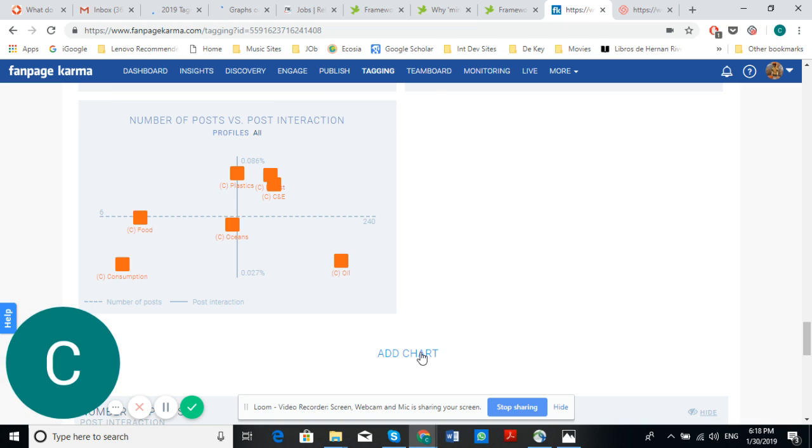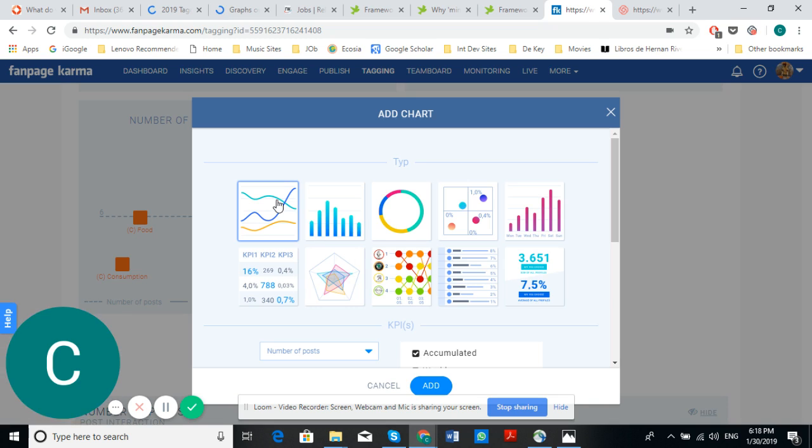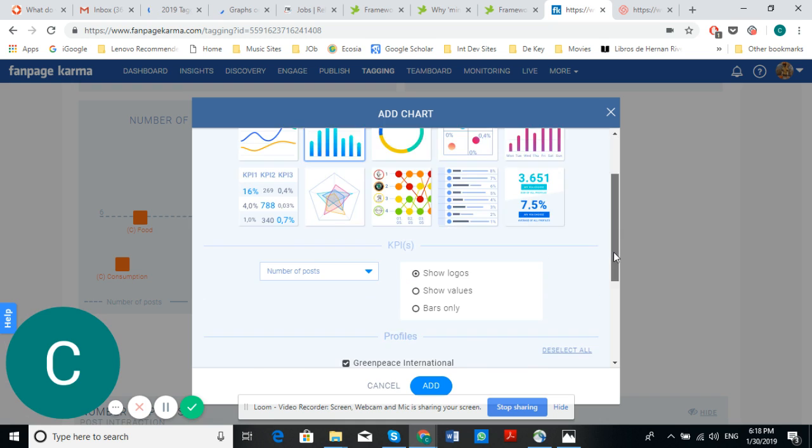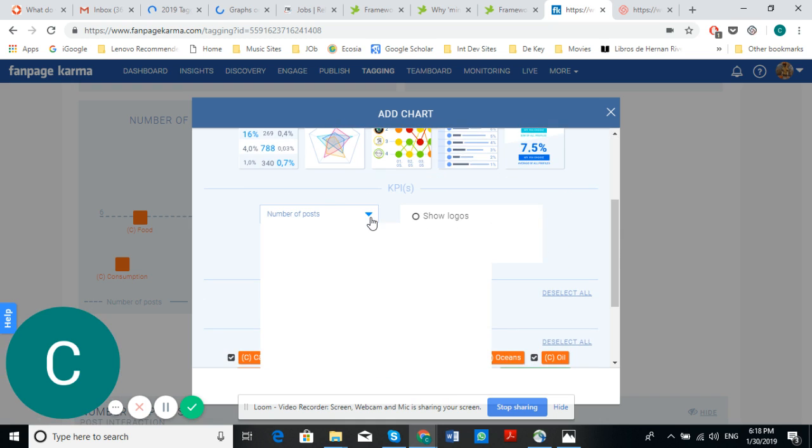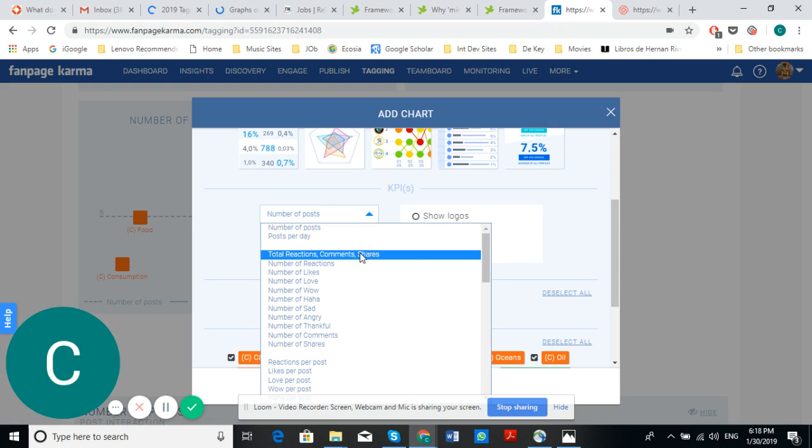The third chart I'm going to show you is the timeline. So again, you can add a chart. Sorry, before the timeline, I'm going to show you the bar chart. Show values, number of, let's take this time, total reactions, comments, and shares.